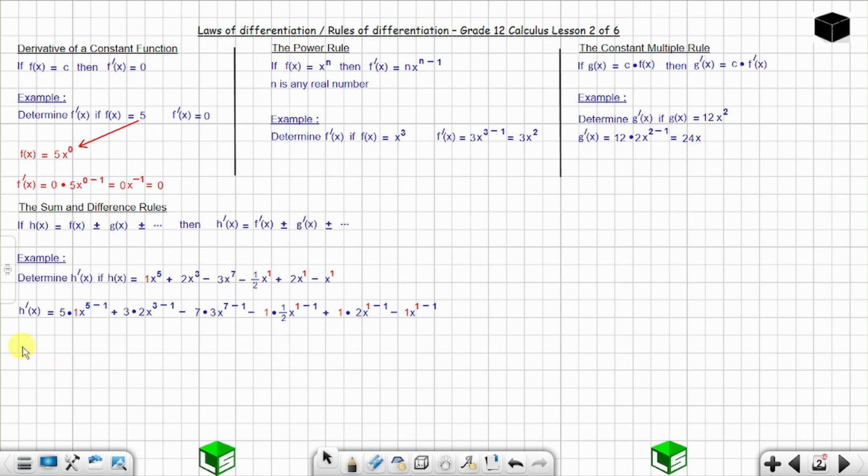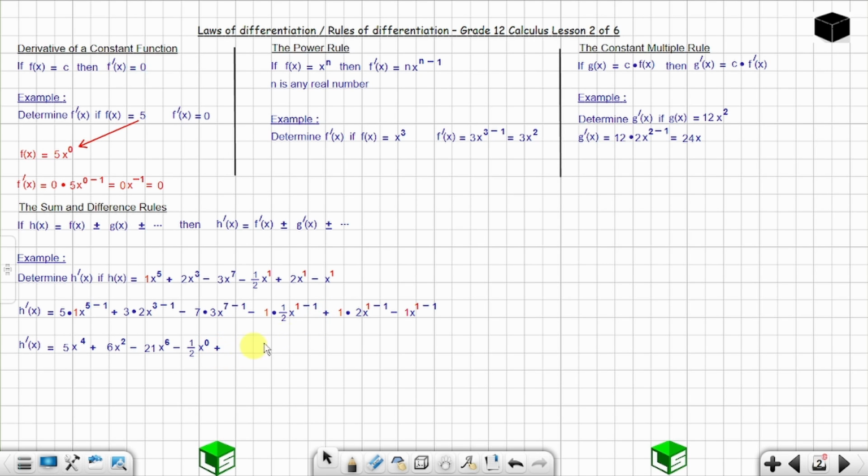Okay, so h prime of x is equal to, you have 5 times 1 and x to the power of 4, plus 6x to the power of 2, minus 21x to the power of 6, and minus, this is a half, right? 1 times a half is a half, x to the power of 0, right? 1 minus 1 is 0.